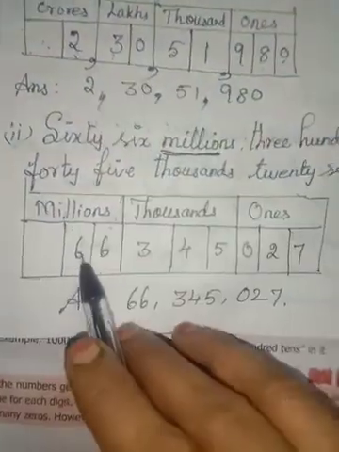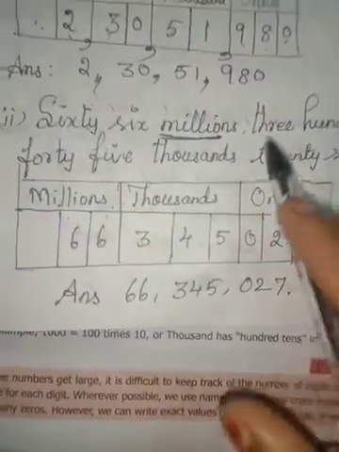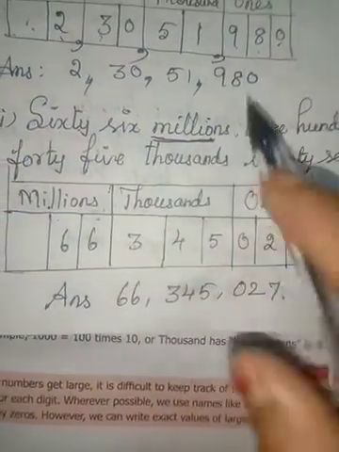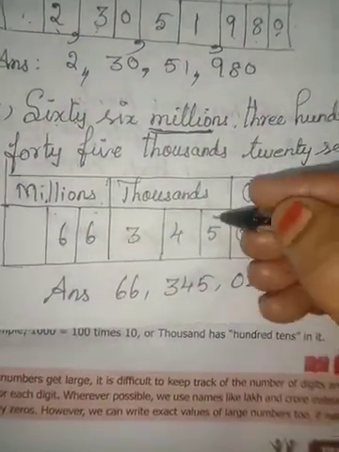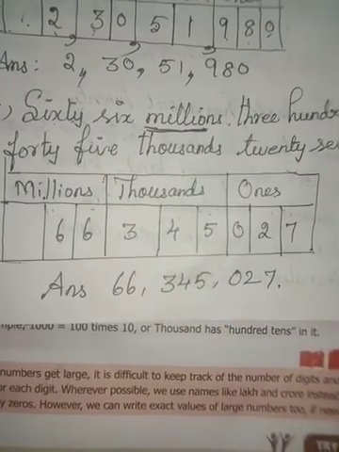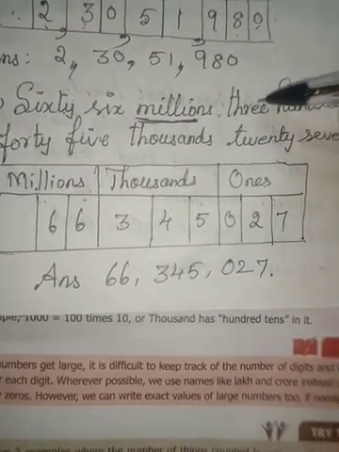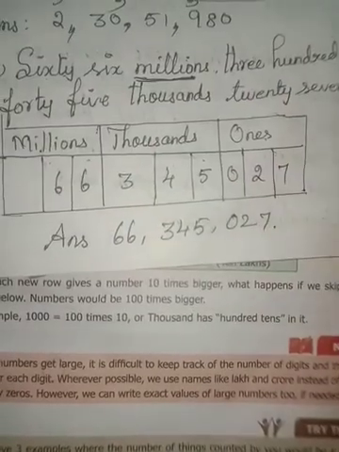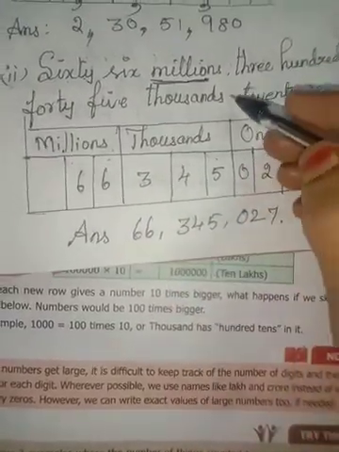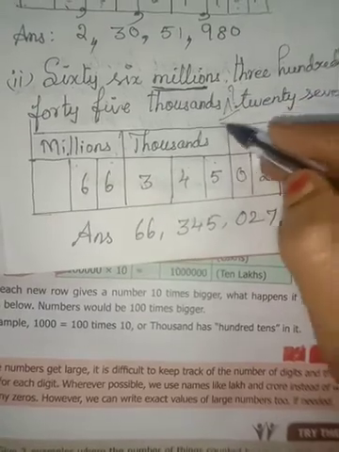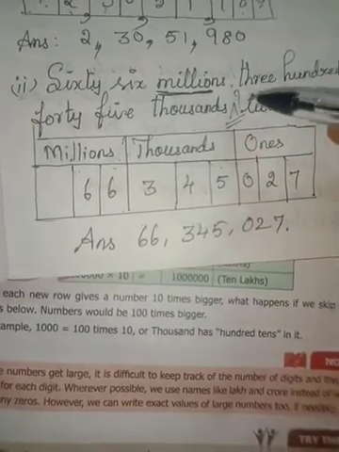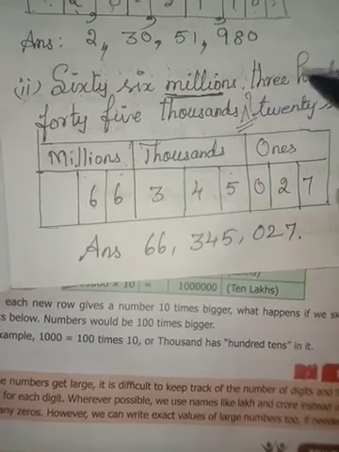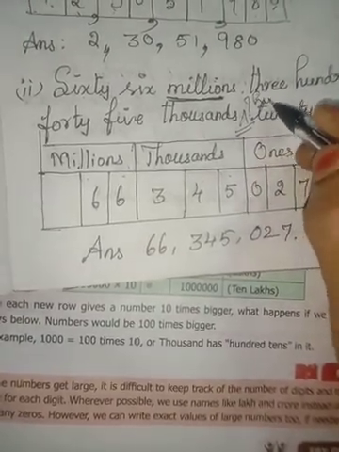So 66 millions. Then read the next 345. Here we having the thousands, the ones, tens, 100. 3 columns are having. That's why we put 345,000. And final one is as usual. Here 100 is not given. Look here, in international system, in this sum, we are not having the hundreds place.